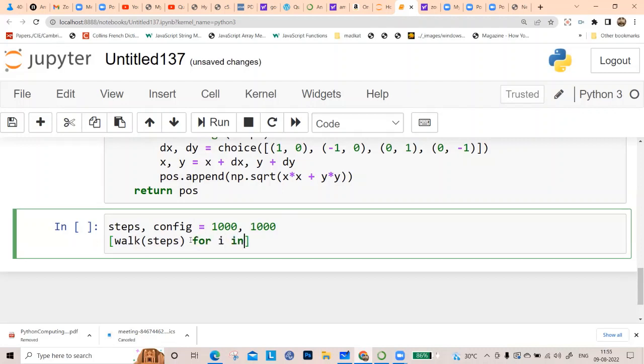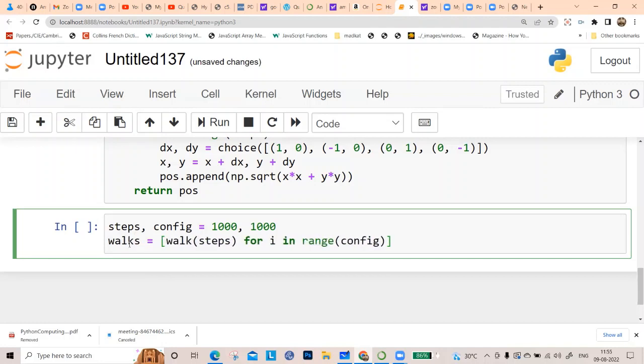For i in range config. i is a dummy variable, dummy index, no problem. So now this is a list comprehension, and I generate all those walks. Let me name it walks.